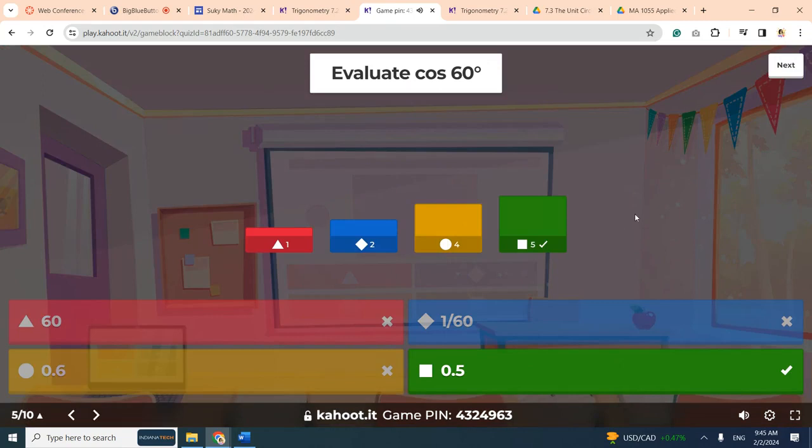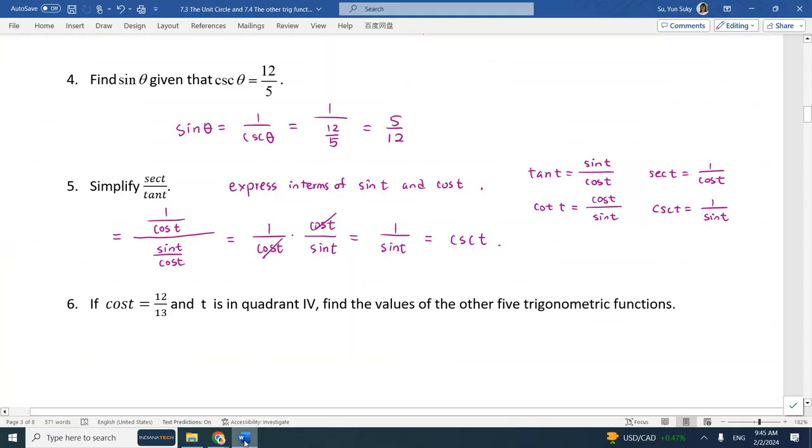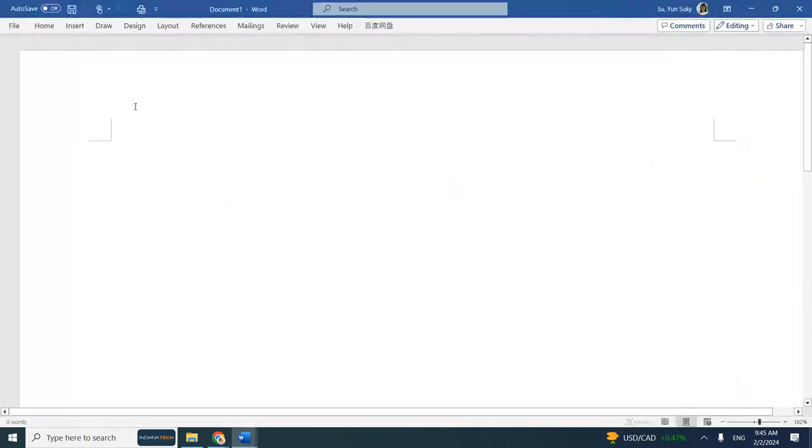Okay, so remember the triangle, the special triangle.